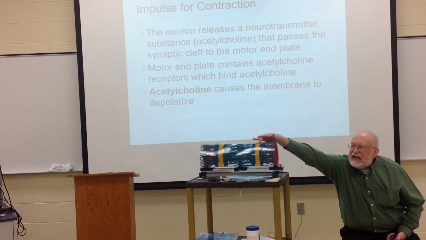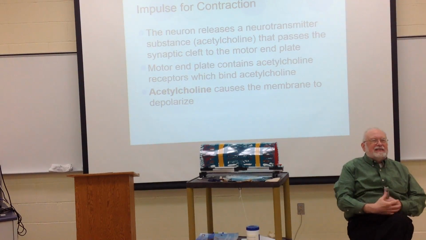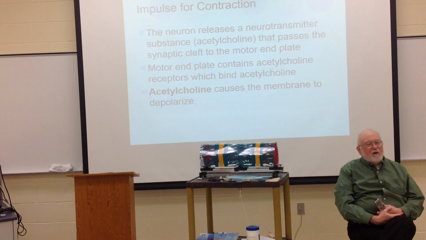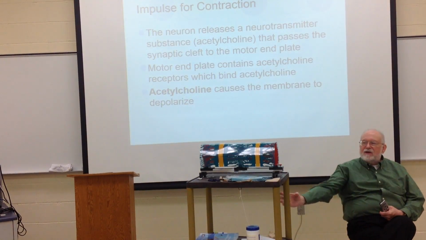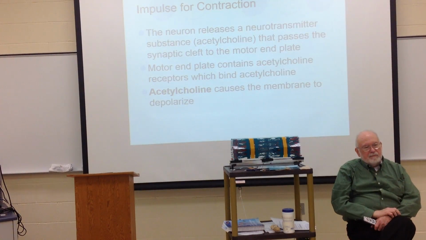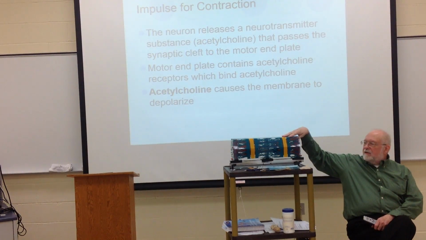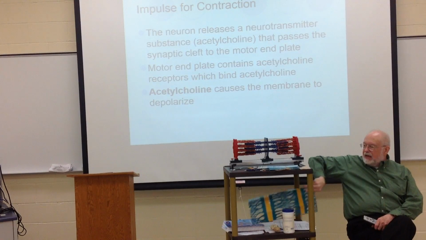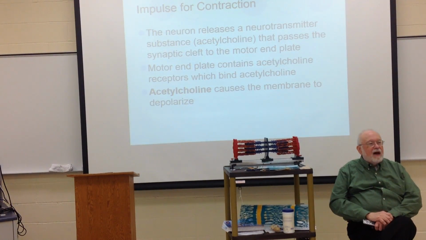So if these T-tubules are depolarizing, guess what they're going to cause to happen in the terminal cisternae and the rest of those sarcoplasmic reticula? They're going to cause calcium ion channels in these things to open up. And calcium ions are now going to flood into the sarcoplasm. And when those calcium ions flood into the sarcoplasm, what are they going to bind with?